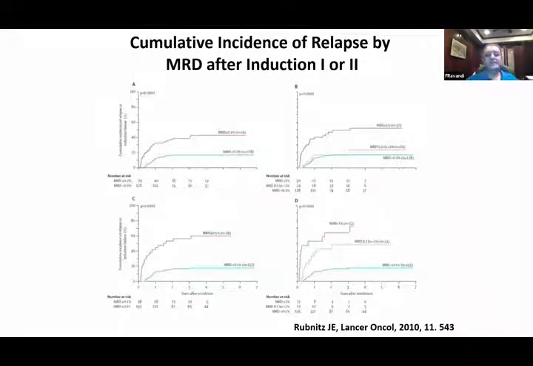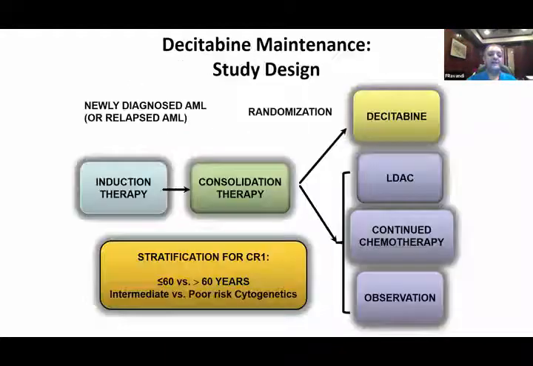The pediatricians picked this up and have been actually using this a lot in the US. The Children's Oncology Group has been stratifying their patients and their treatments based on flow MRD assay, but the adults have obviously started developing this.